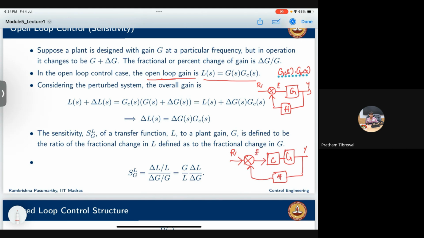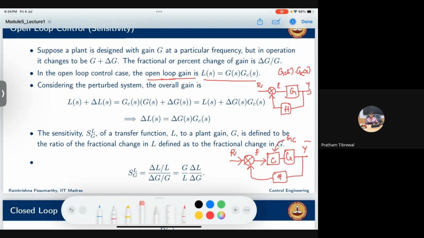Based on this error, C is going to change so that we will get the desired response after some period of time. The gain of C is called GC. So the loop gain will be the combination of GC and G, which we collectively call L of S.